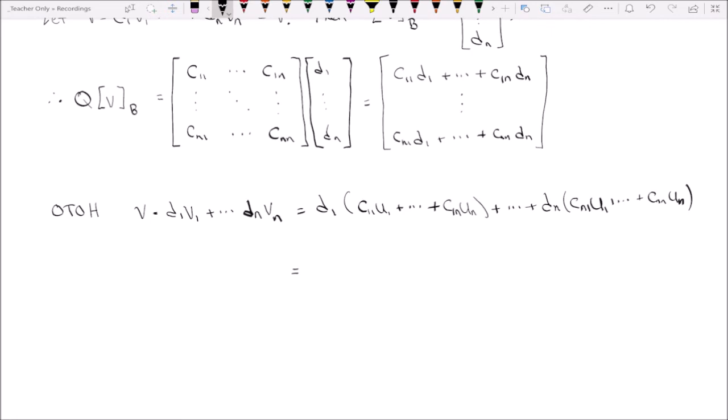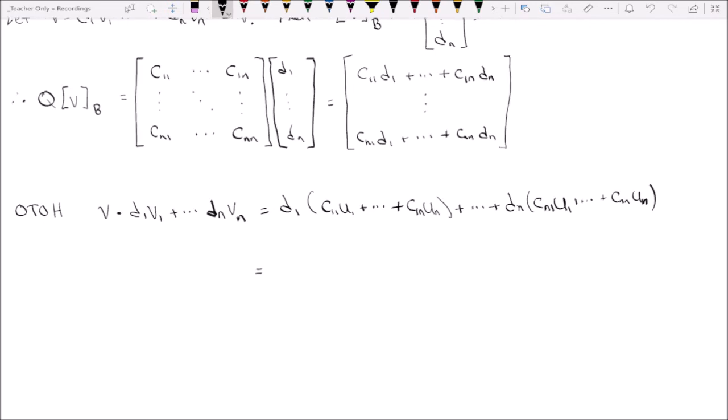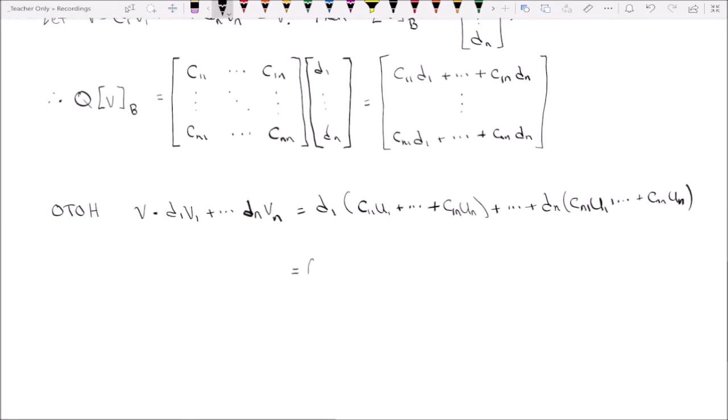Grouping all of our common u terms together, we'll have d1 c11 plus so on and so forth plus dn cn1, or c1n rather, because I mixed these up, I apologize for that.